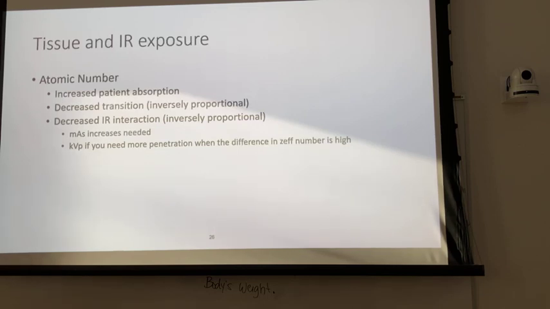So if our Z-effective number increases dramatically enough that we need to increase penetration because it's just absorbing so much, and there are some pathological conditions where bone actually gets so dense that it's tough to penetrate. Maybe not on the same level as barium, but it's still very difficult to penetrate. So in those cases, you would increase KVP. Wet plaster, you would increase KVP.